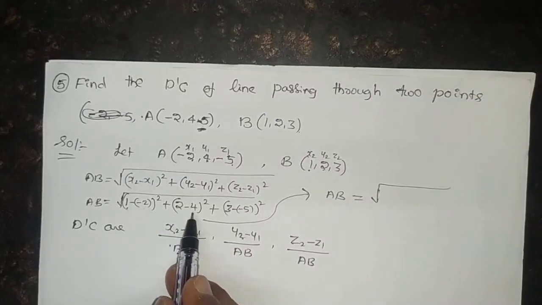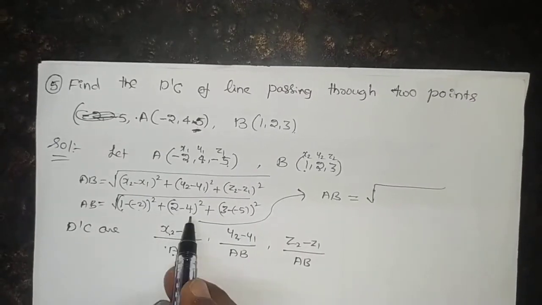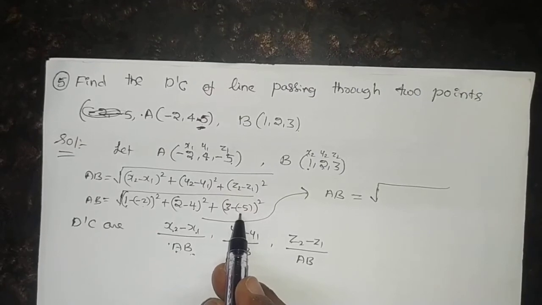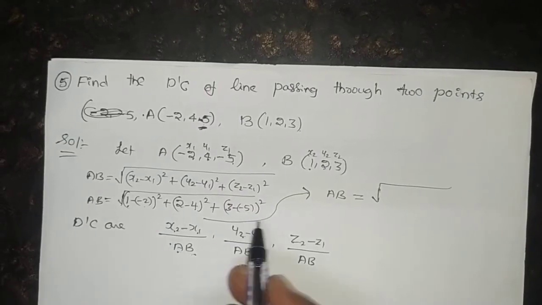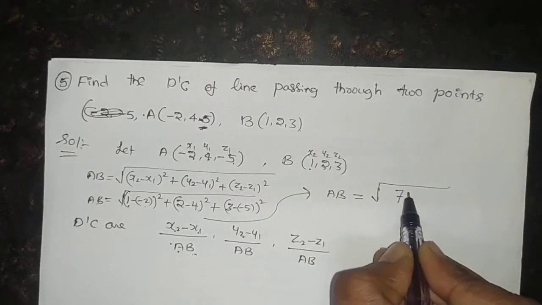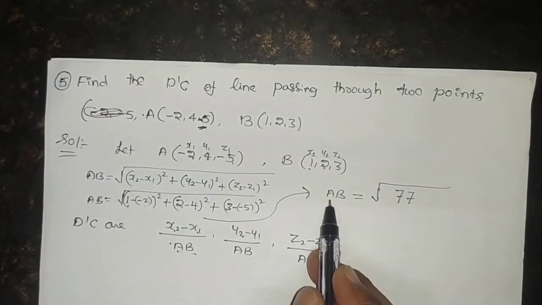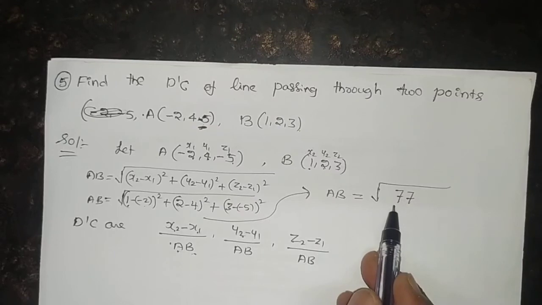Next 2 minus 4 is -2, whole square is 4. 9 plus 4 is 13. 5 plus 3 is 8, 8 square is 64. 13 plus 64 gives the square root of 77. Distance between the 2 points A and B is square root of 77.